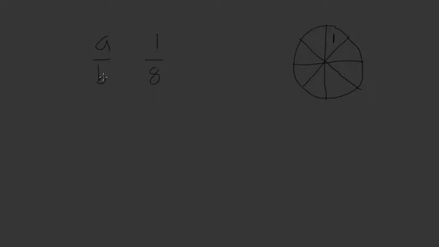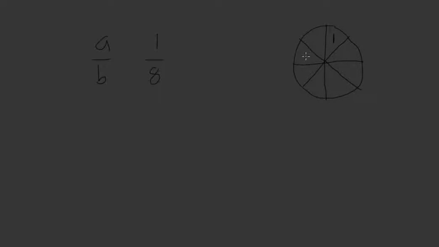The denominator is this b right here, or the 8 here, and that represents the total number of equal parts. There are 8 equal parts in this pizza here. And so 8 represents how many equal parts there are in an item.